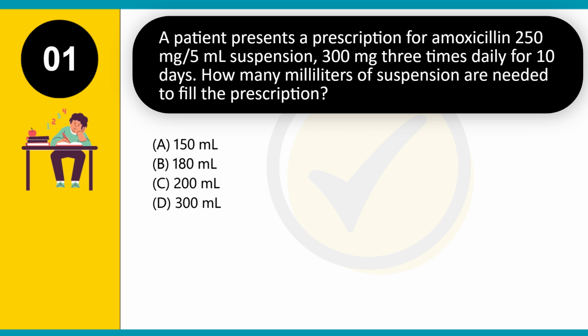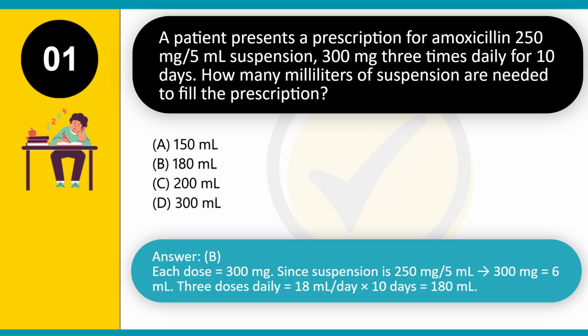D. 300 milliliters. Answer, B. Each dose equals 300 milligrams. Since suspension is 250 milligrams per 5 milliliters, 300 milligrams equals 6 milliliters. 3 doses daily equals 18 milliliters per day times 10 days equals 180 milliliters.